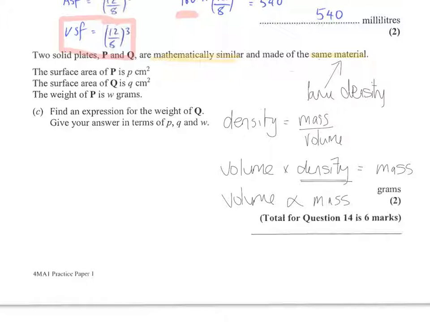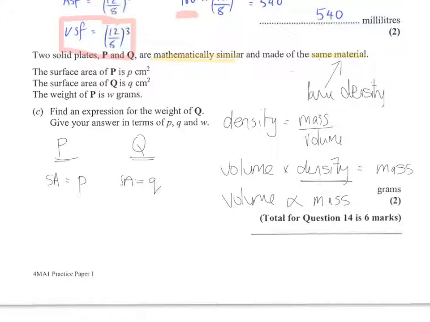I'm going to come back to that formula in a minute. If we think about our two solid plates P and Q, the surface area of P equals P centimeters squared, so the surface area of Q is Q centimeters squared.